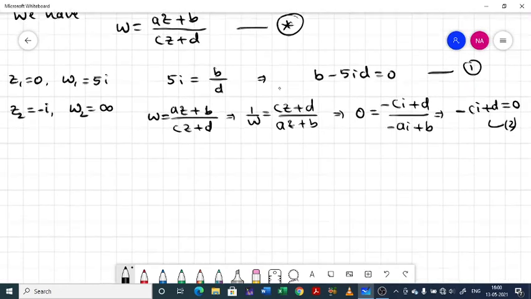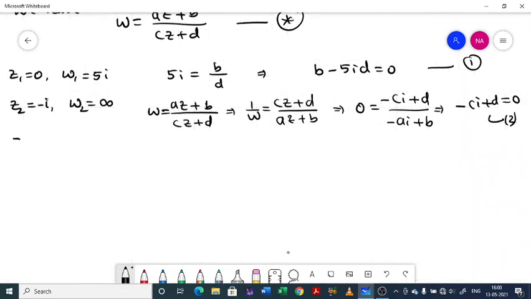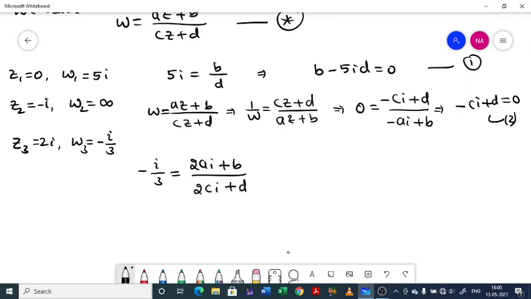Next, z3 is 2i and w3 is minus i by 3. Now we will be having minus i by 3 equal to (2ai plus b) divided by (2ci plus d).